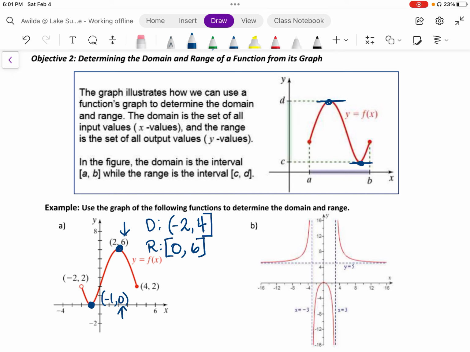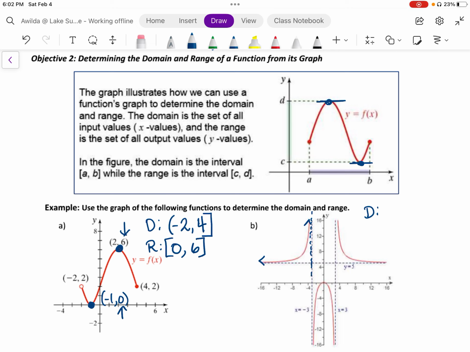This was a little tricky, so again, let's think about domain as going from the leftmost point to the rightmost point. In this case, this branch is going to continue traveling to the left indefinitely, and this branch actually will be stopped by this invisible line called an asymptote.